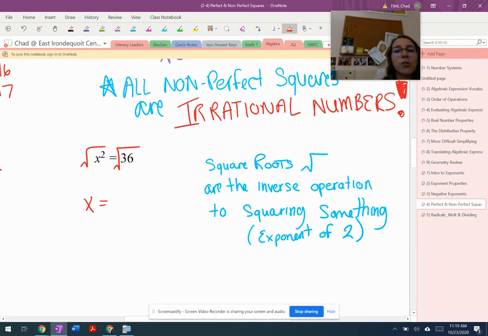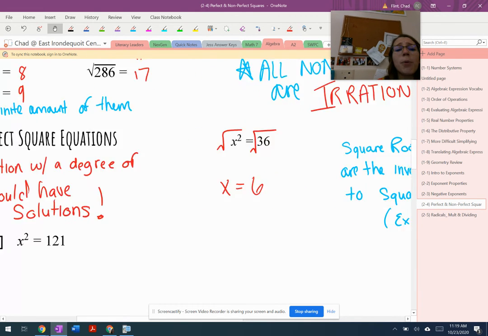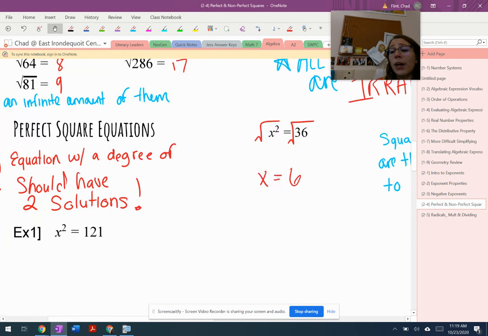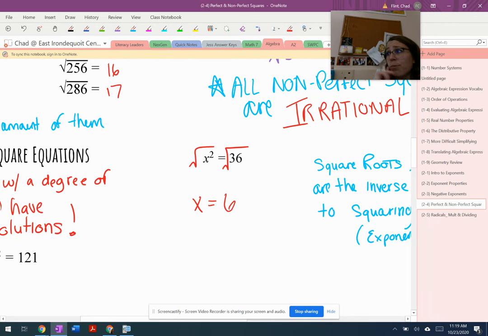And this is where we get a little tricky, because if you plug that in your calculator, you definitely get 6. But we know from what we just learned that any equation with a degree of 2 should have 2 solutions. And right now, we only have 1 solution.